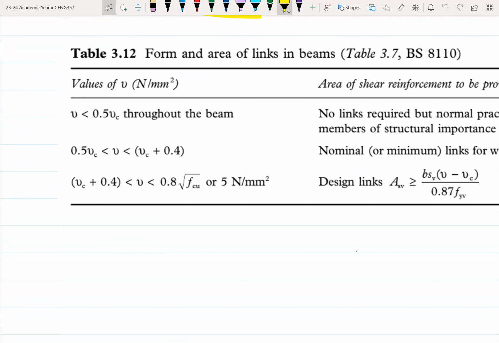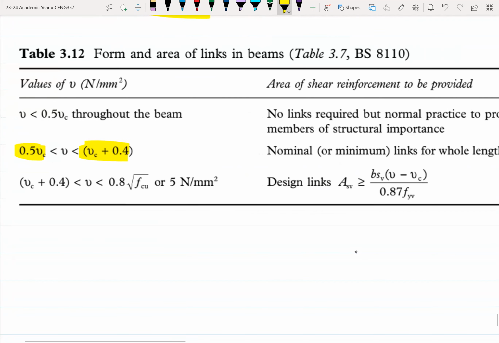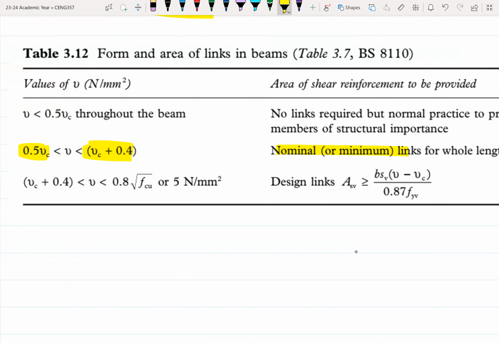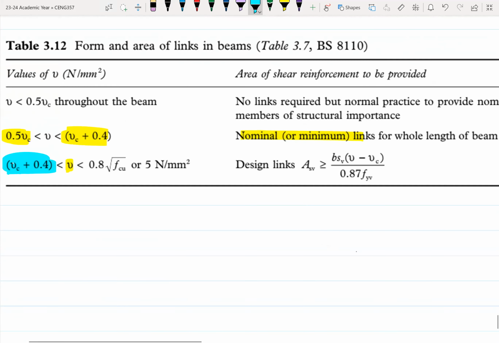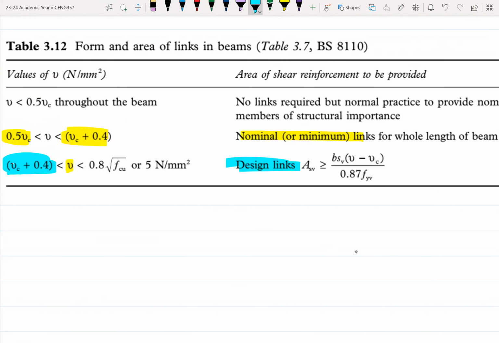If V lies between 0.5 VC and VC plus 0.4, then we provide nominal lengths. So I've done some calculations already for nominal lengths. We'll use that one if our V falls in this range. But if our V is more than VC plus 0.4, then we have to design the lengths and then use this ASV over SV equation.